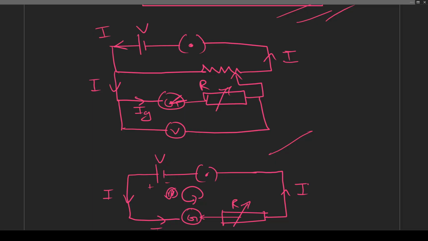So we adjust the resistance box, plug some more resistance, and make this galvanometer show full scale deflection. After adjusting, R will become R dash. This R dash value also we should note down.